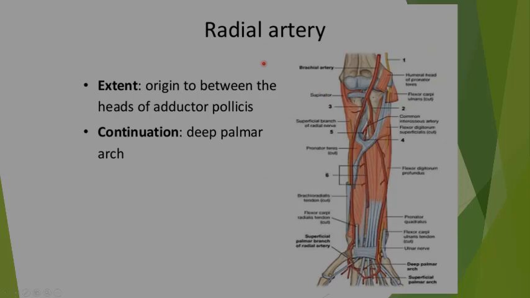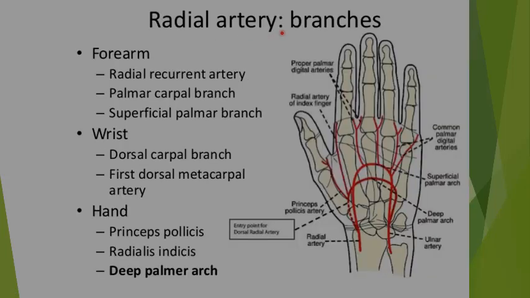The radial artery originates between the heads of abductor pollicis, and then it continues into the deep palmar arch. So this is the palmar arch, and you will find the radial artery here. The radial artery branches in the forearm: radial recurrent artery, palmar carpal branch, superficial palmar branch.